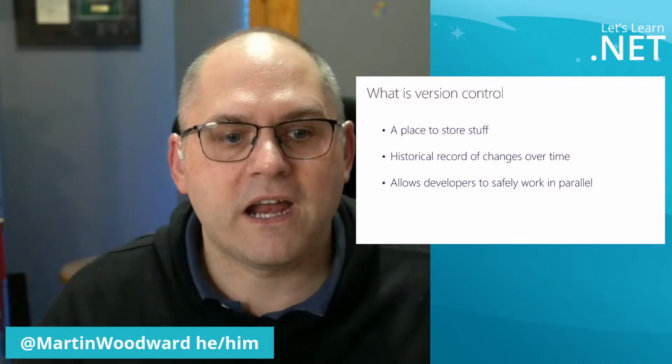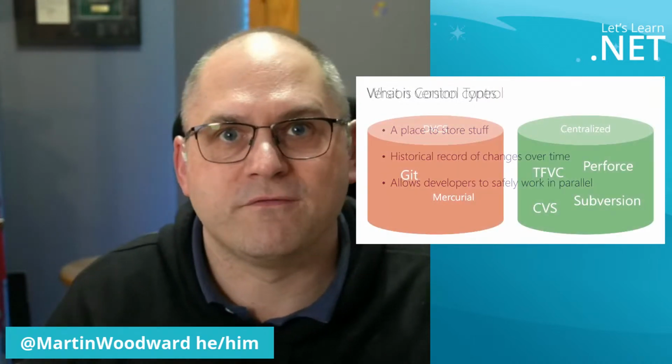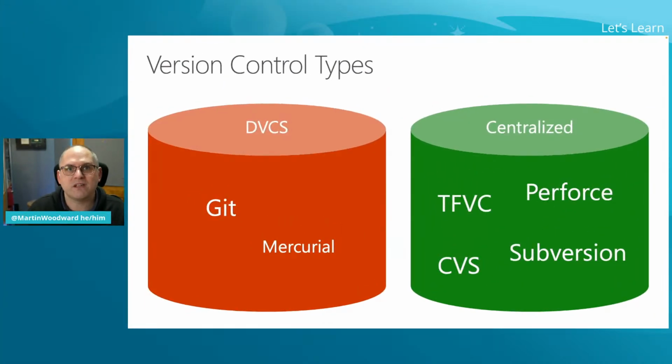I'm old enough that I remember when there were other types of version control systems that we used in the world, apart from Git. There are two different categories, really: centralized and decentralized version control. I like to say Git was the first Web3 technology, or the first blockchain. It's a decentralized tool that cryptographically stores hashes of things, and it allows it to work across machines without a central server.